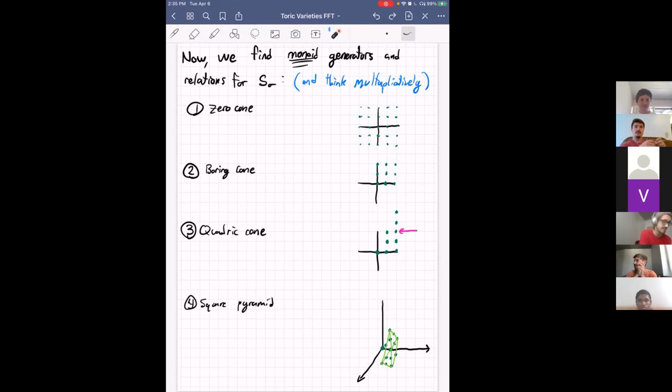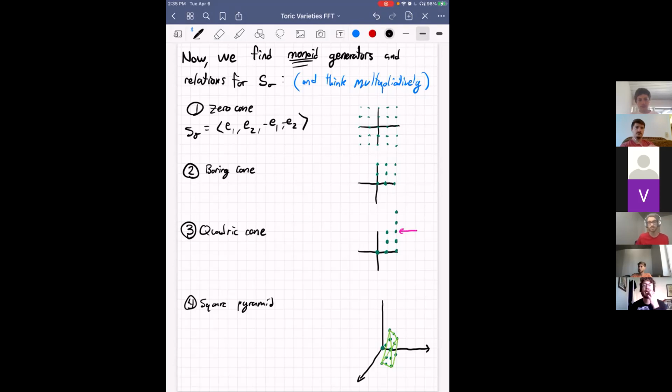So that's important because this is an additive monoid. So the zero cone, it's not just generated by E1 and E2, of course. These are linearly independent. But you can only take positive linear combinations, so you need to throw in minus E1 and minus E2. Because it's a monoid, it's not a group. You want to think about it as a monoid.